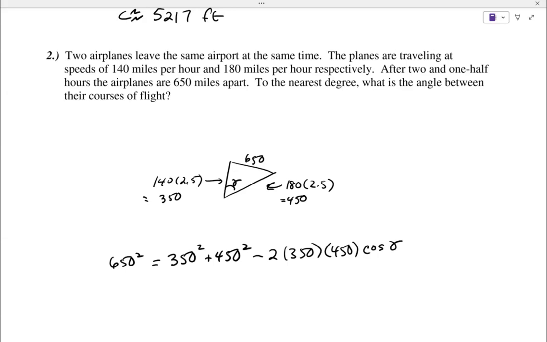Okay. All right, so then we solve for cosine of gamma. You'll need to subtract your squares over, divide by your -2 times stuff, and then do inverse cosine.